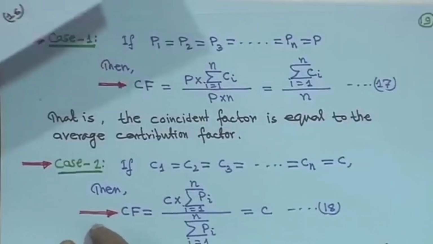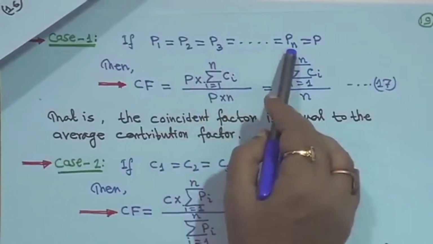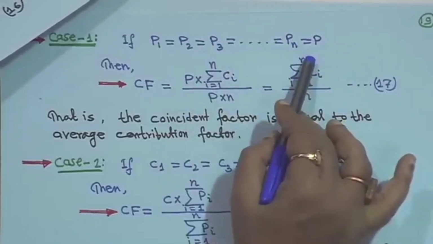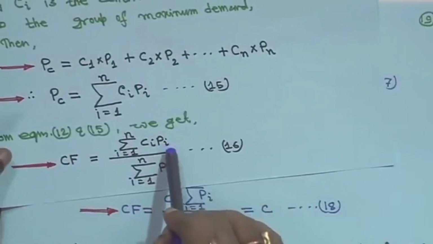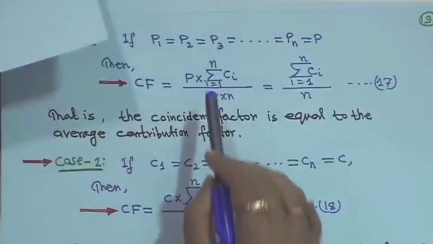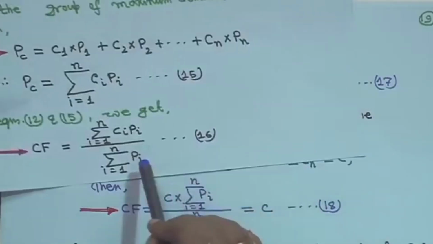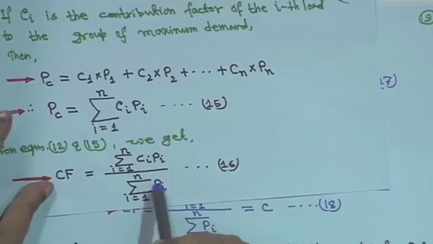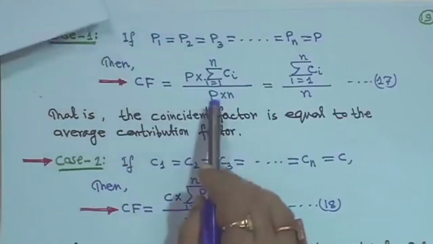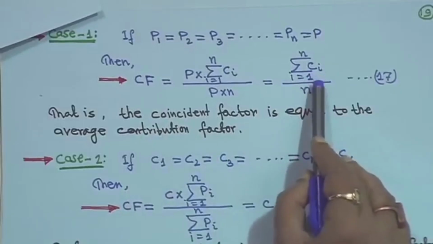Now consider case 1: if P1 is equal to P2 is equal to P3 up to Pn is equal to P, all are equal, then Cf becomes P into sigma i equals 1 to n Ci in the numerator, and in the denominator the sum of P is P plus P up to the nth term, so n into P. P will be cancelled, so Cf will be sigma Ci divided by n.